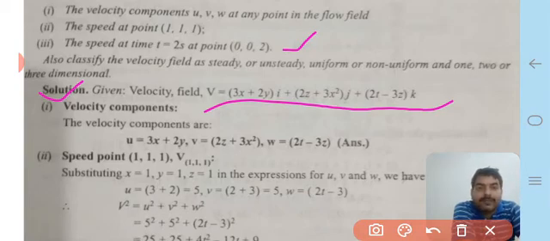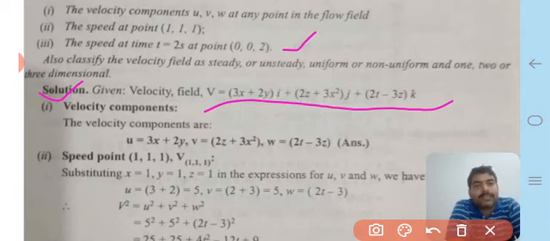Comparing with the standard equation, u is equal to 3x plus 2y, v is equal to 2z plus 3x square, and w is equal to 2t minus 3z. The coefficients of i, j and k are the velocity components of the given velocity field.